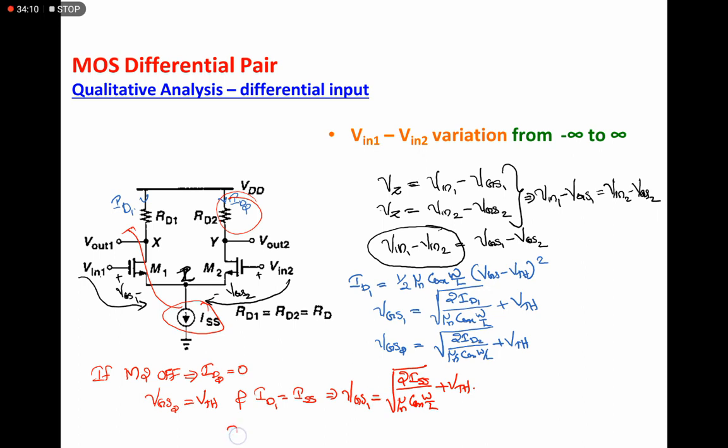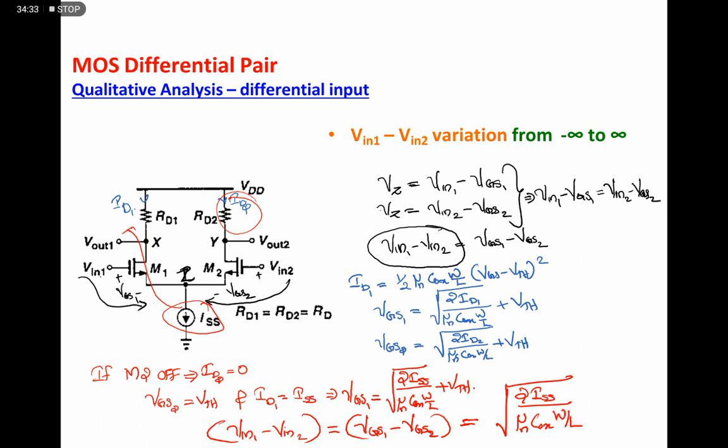Then the value of Vin1 minus Vin2 for switching off one of the transistors is equal to VGS1 minus VGS2, which is nothing but root of 2 ISS by mu n COX W by L.